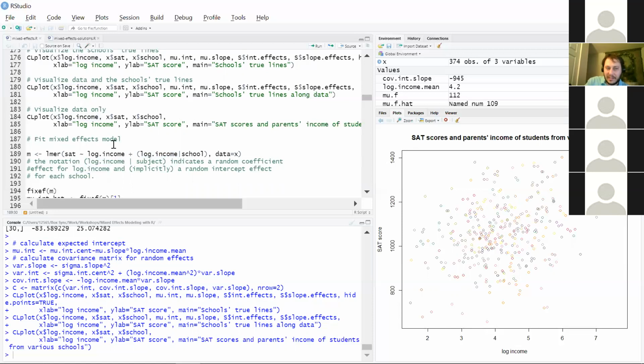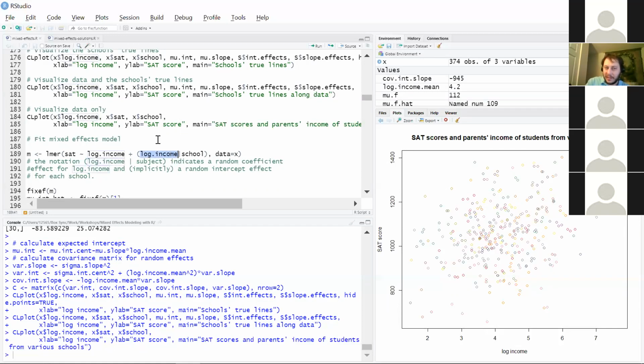Now, log income is the quantitative explanatory variable, and we're pretending there is a true line. The 1 is also implicit here: there's a true slope and intercept overall. And every school gets its own random coefficient of log income and its own random coefficient of 1, but that's implicit.